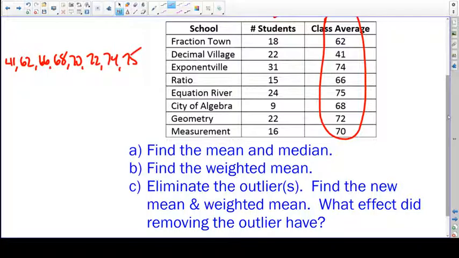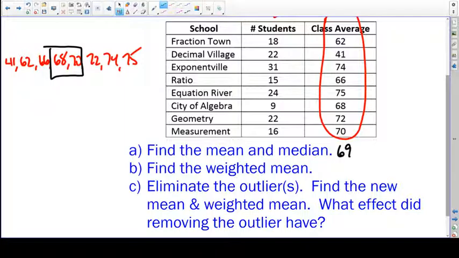That's 2, 4, 6, 8, 2, 4, 6, 8. That's all of them. So the median is going to be the average of 68 and 70, which is 69.